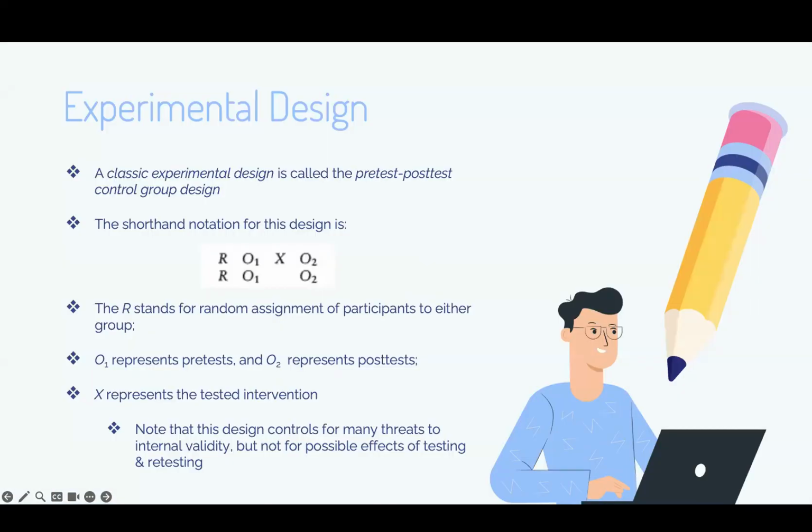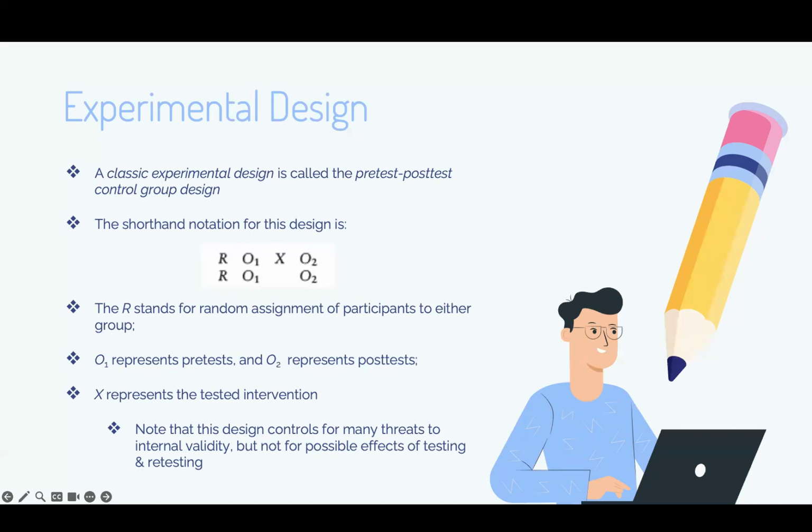So as we delve into the fundamental structure of experimental design, we must be familiar with one of the most rigorous forms, known as the pre-test, post-test control group design. This design is a bedrock for experimental methodology, enabling the assessment of an intervention's efficacy with a high degree of internal validity.